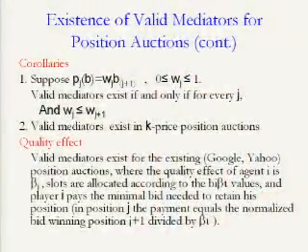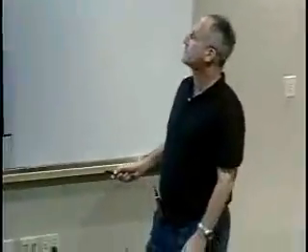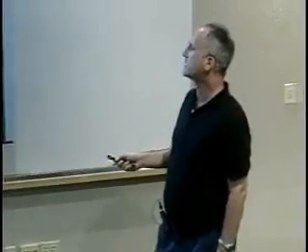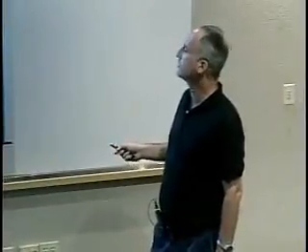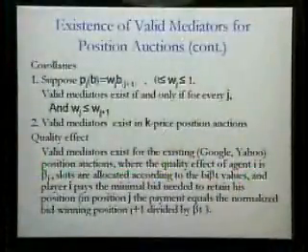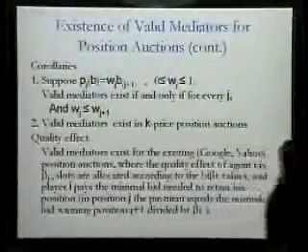Some corollaries. The important corollary, for those of you who know the practice, is that a valid mediator exists for existing position auctions, where the agent has what is called a quality effect, which means you don't just rank agents by their bids, but you multiply it by something proportional to how good this ad is, like the click-through rate.